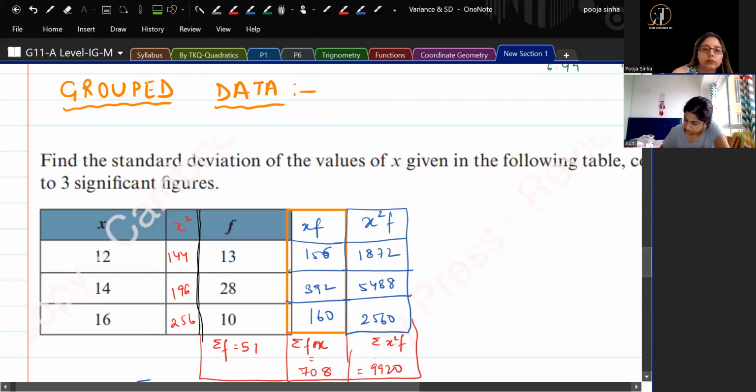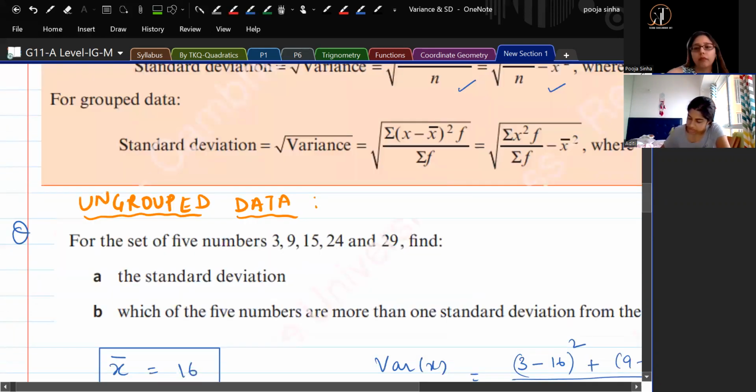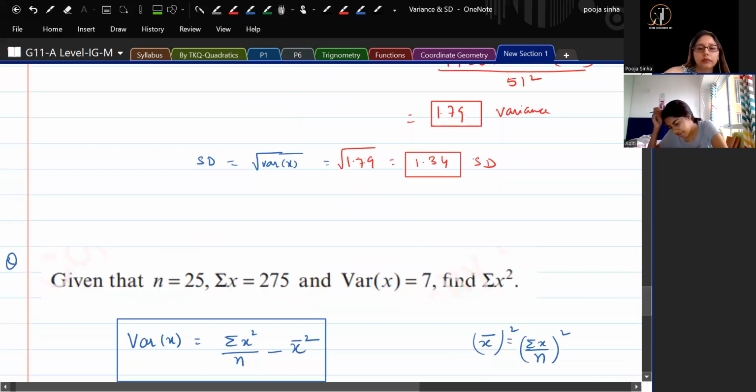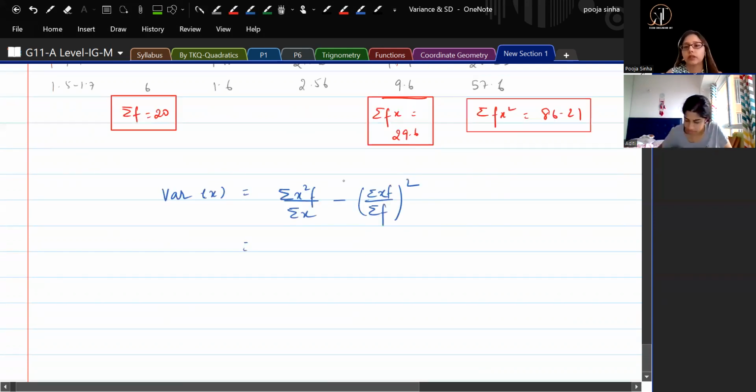So it is sigma x square f divided by summation f, minus bracket open summation fx divided by summation f, with the whole square. Now you have sigma x square f, give me a moment.